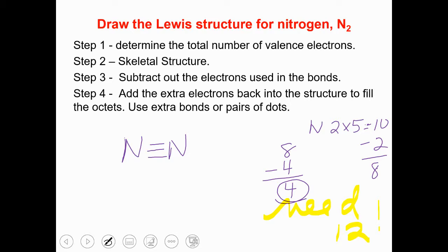Those 3 bonds each represent 2 electrons. That's a total of 6. And remember, both atoms are sharing them, so they each think they have 6. So they each only need 2 more. So I just had to put 4 more dots, and there we go. That's my Lewis structure.